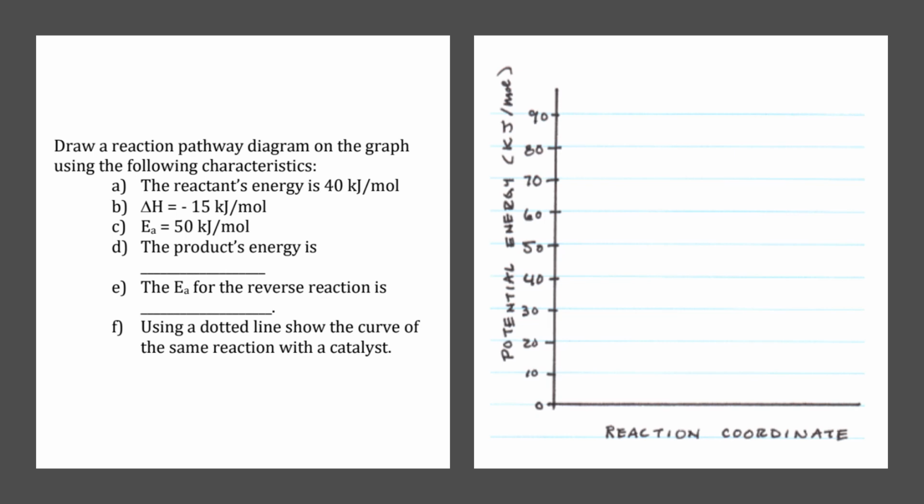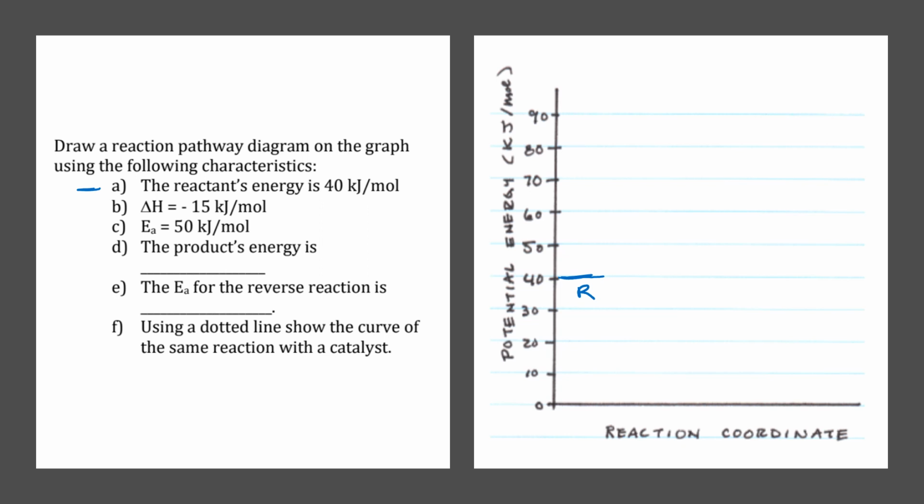Draw a reaction pathway on the graph that has the following characteristics. It doesn't matter what the reaction is. We just have some things we have to worry about. So I'm going to use colors for the different things I'm indicating. The reactant's energy is 40 kilojoules per mole. That should be about here. The delta H is negative 15.